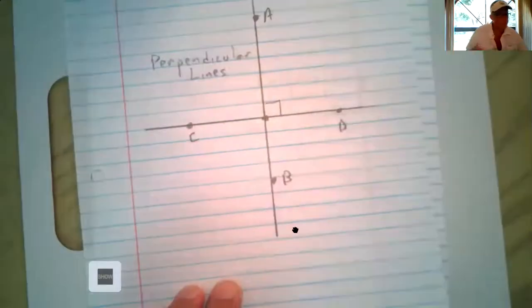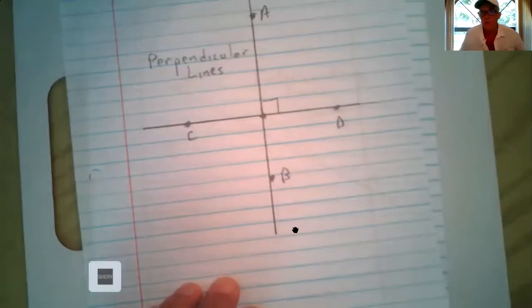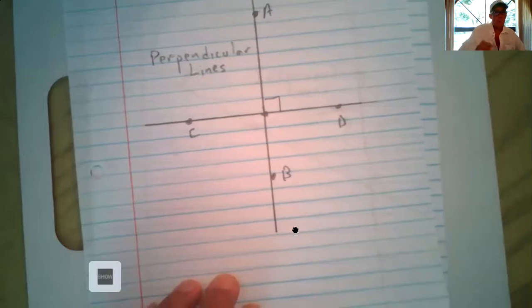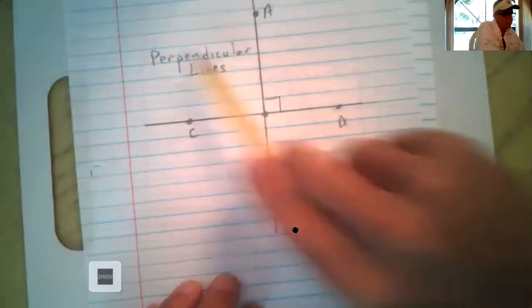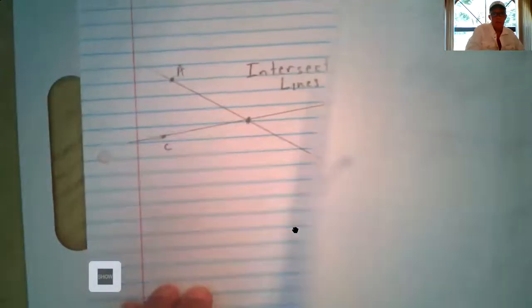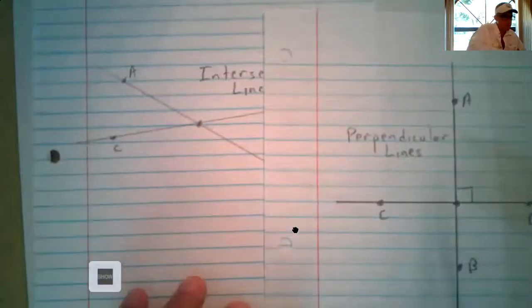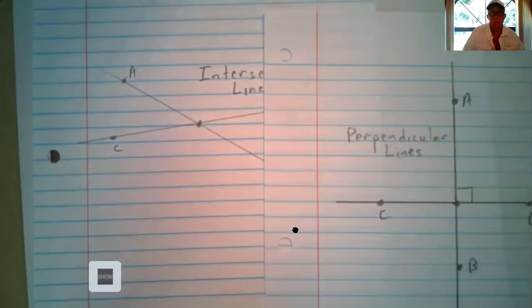They are touching, so they are also intersecting, but they're intersecting at a right angle. So the proper name for this is perpendicular lines, but you could also call them intersecting lines because they are touching. So in math, we would look at this right here and we would say these are perpendicular lines. You would not be incorrect if you say these are intersecting lines as well.